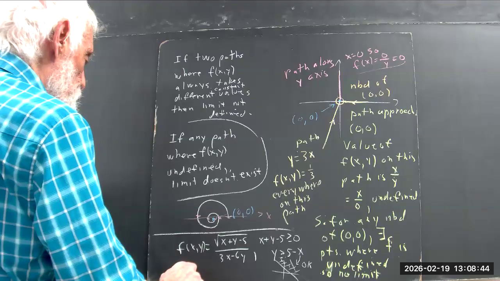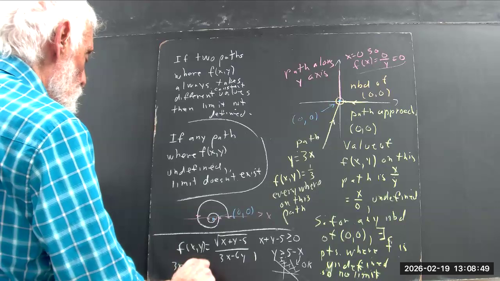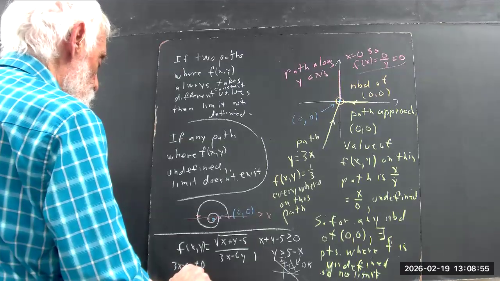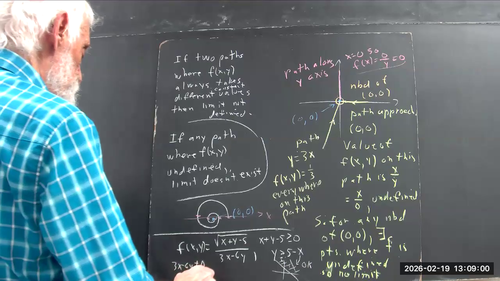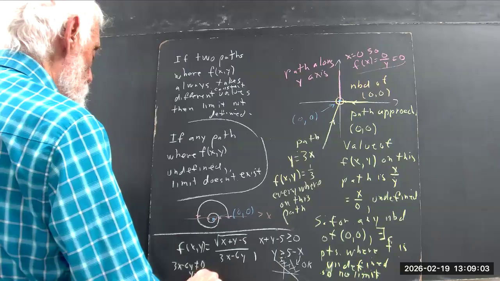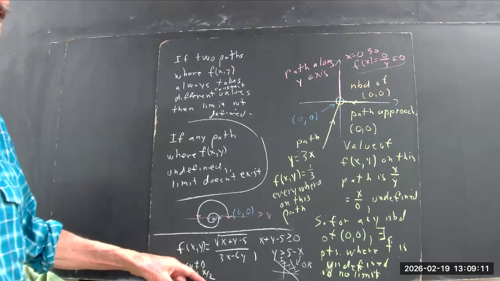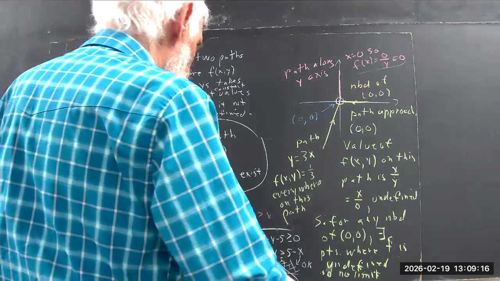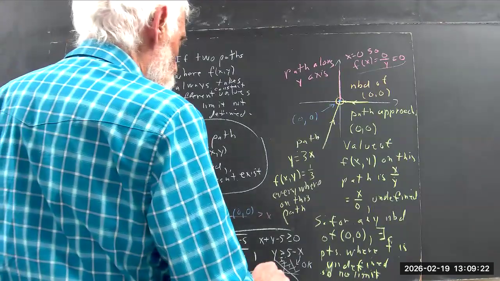The other thing is, 3x minus 6y can't be 0. So y can't be equal to x over 2. So where's the graph of y equals x over 2? Let me circle this in a different color and come over to the graph.